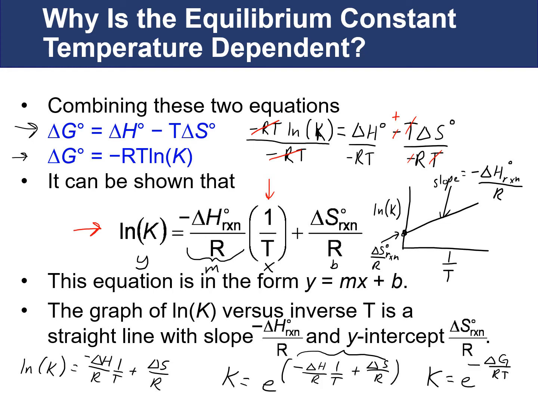Because this term on the inside of our bracket here, the thing that we're raising e to, is the same as our minus delta G over RT. So these are a couple of different ways that we could find the equilibrium constant at a particular temperature. You would first start by calculating the Gibbs free energy at that new temperature and dividing it by RT. e raised to that number would give you your equilibrium constant.